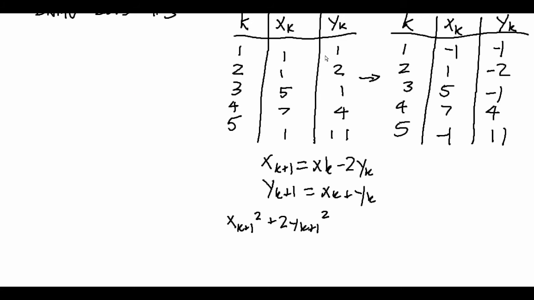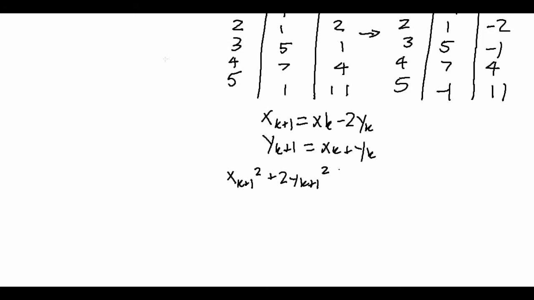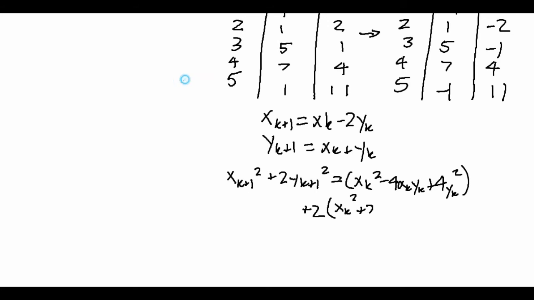This is the expression they gave us, and let's see if we can find a reason for why this works. xk minus 2yk squared is xk squared minus 4xkyk plus 4yk squared, plus xk squared plus 2xkyk plus yk squared, which is equal to 3xk squared plus 2yk squared. Whoops, I made a mistake there.